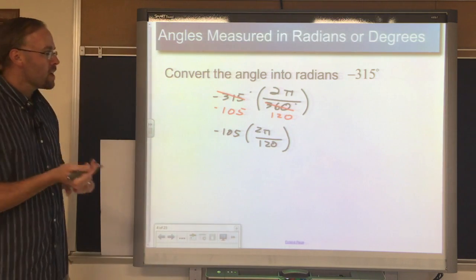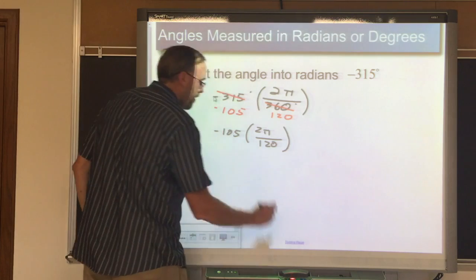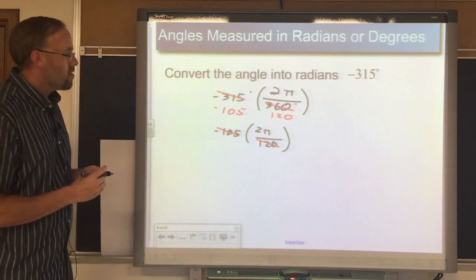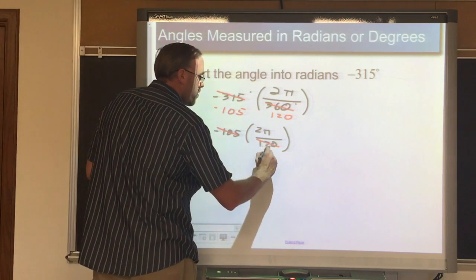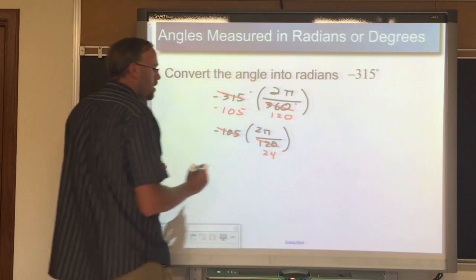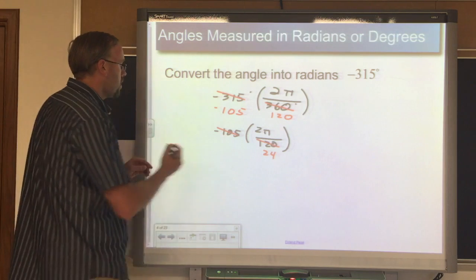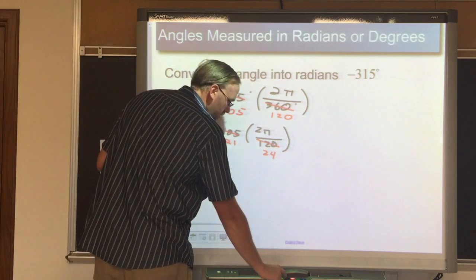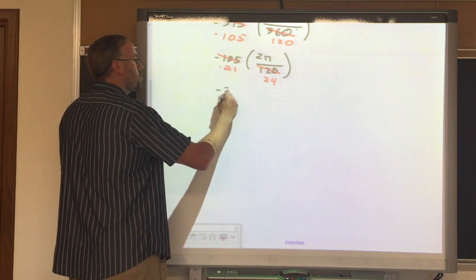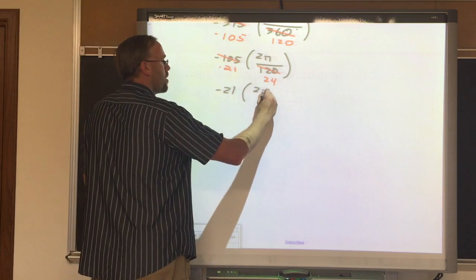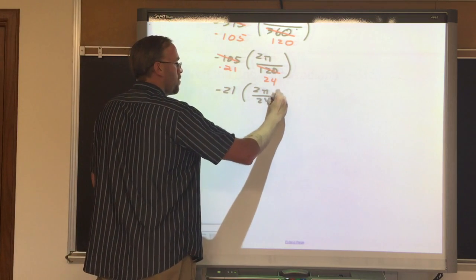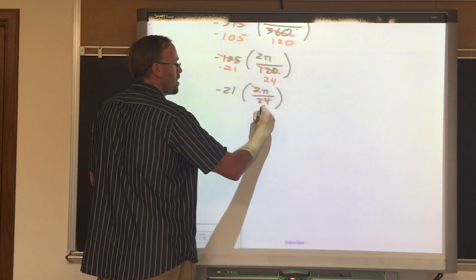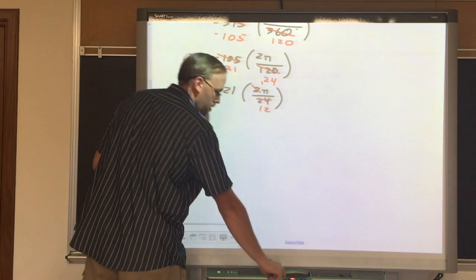What else can I cancel? Well, I can cancel a 5 out of this, and I can cancel a 5 out of that. So that will leave 24, and negative 21. So negative 21 times 2 pi over 24. So I'll cancel 2 out of both of these, leaving 12 and 1.